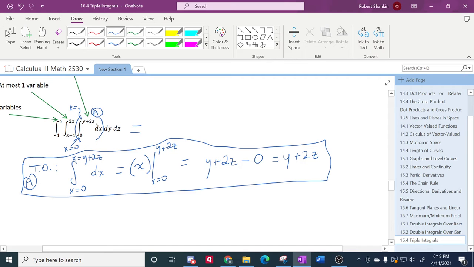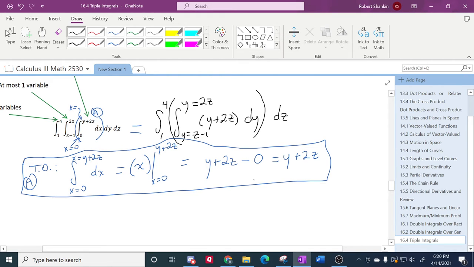All right, so moving to the right, this becomes equal to the integral from 1 to 4, integral from, now I'm going to put these values in, y equals z minus 1 to y equals 2z, and then everything in here, a, got replaced with this: y plus 2z dy dz.